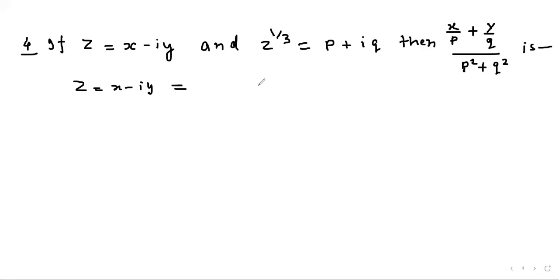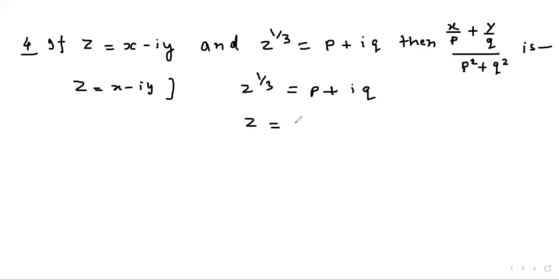It is given that z power 1/3 equal to p plus iota q, and we cube it.